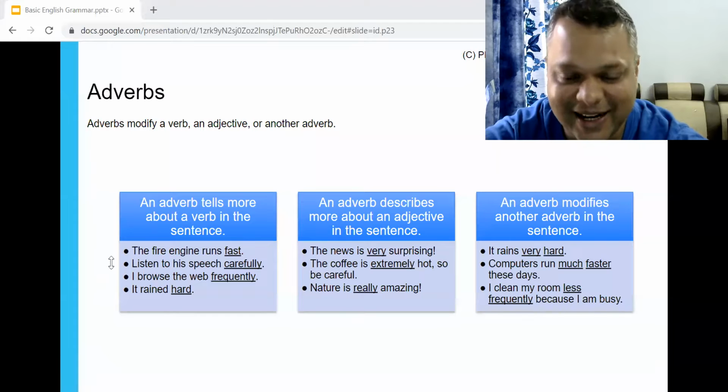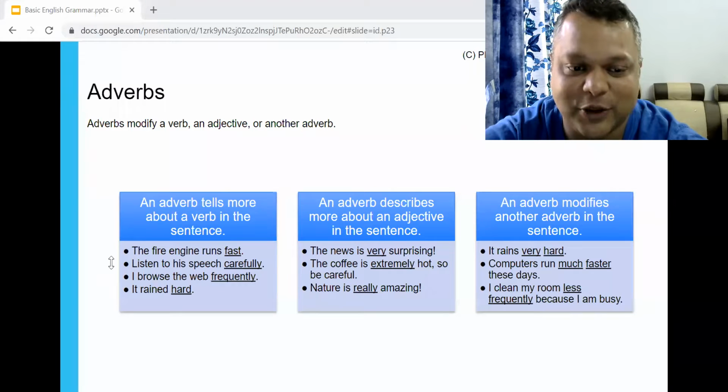Very is underlined, but it is not the adjective. Very is the adverb describing the adjective. So what is the adjective?